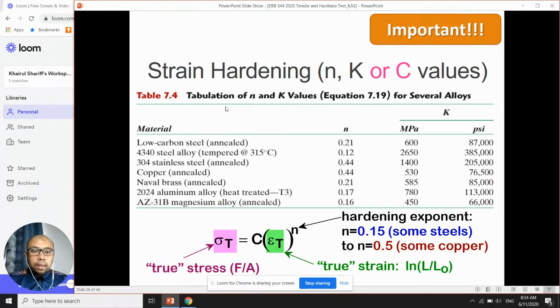Here is an example of the strain hardening equation. I put a remark here that is important. You do not need to memorize, but you need to understand this equation: where you should use true stress and where you should use true strain.